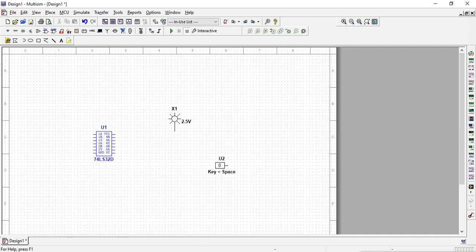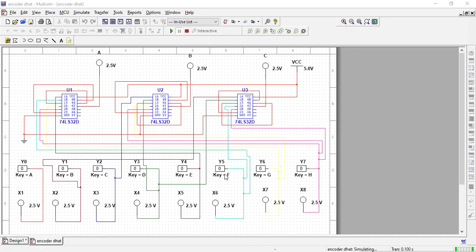Here I have already connected the encoder circuit. Now we will just simulate. Here Y0 to Y7 are the 8 input lines and A, B, C are the output lines. The binary representation of C is 1, B is 2, A is 4.